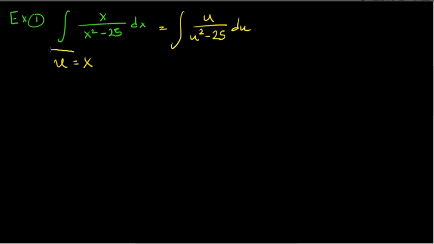So yes, if you find yourself doing u equals x, you're probably not doing anything, right? You're not changing the problem in any substantial way here. Okay, so we're not going to use u equals x. So if it's not the numerator, maybe it should be the denominator. So I think that's what we're going to do. U is going to be the denominator, x squared minus 25.